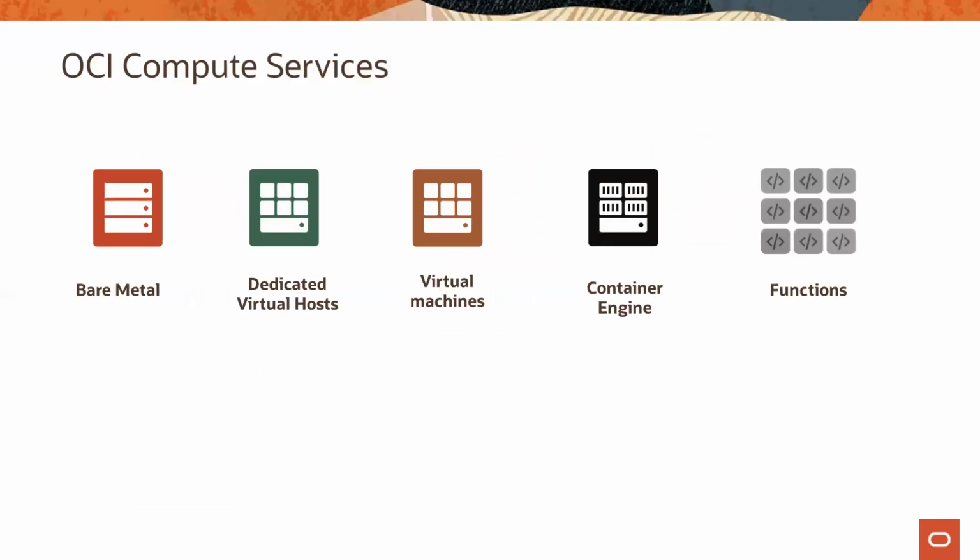Also, when you go to compute, you have to understand there are five services Oracle provides for compute. The bare metal, where you get dedicated hardware for yourself and you put your own hypervisor, OS, and everything. The dedicated virtual machine host is like the bare metal, but the difference is that you can deploy virtual machines directly. Oracle provides you the hypervisor.